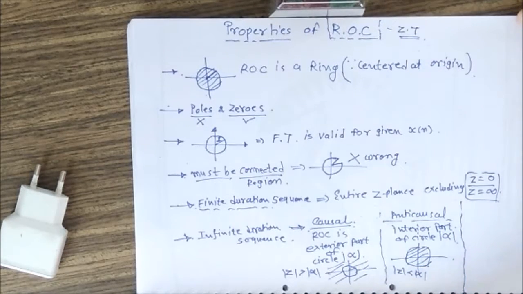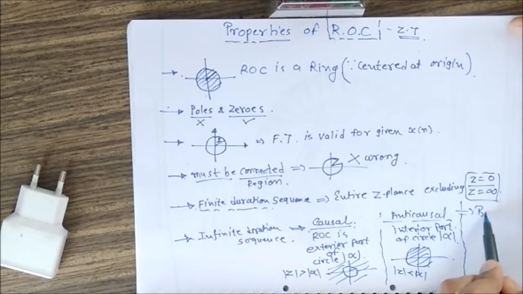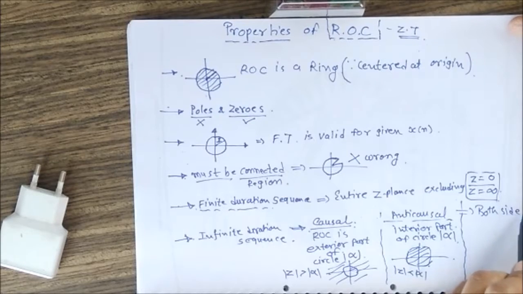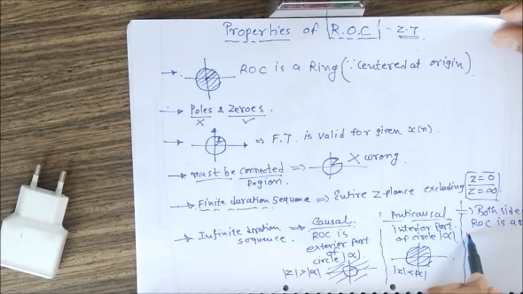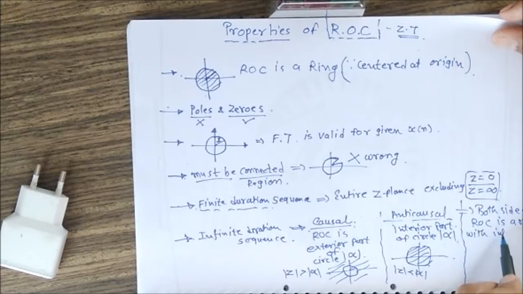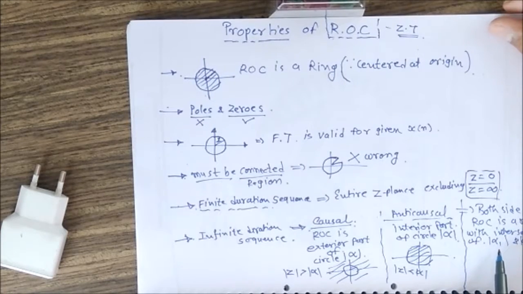The third condition, if it is the combination of both sequences, say both-sided sequence, then the ROC is a ring with intersection of radius alpha 1 and alpha 2, which is the radius of the causal sequence as well as the anti-causal sequence.